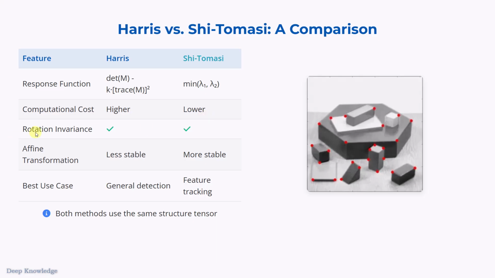So this is a comparison. For rotation invariance, both are okay. The computational cost is high for Harris and lower here. Indeed, I don't know why it's lower, because calculating the eigenvalues and eigenvectors takes much time, but I have also seen in different resources that they say this is faster.